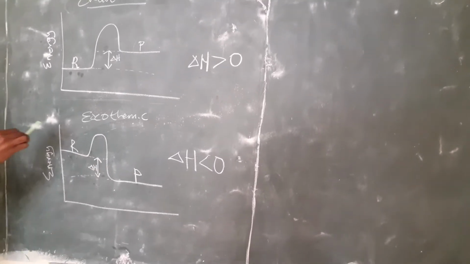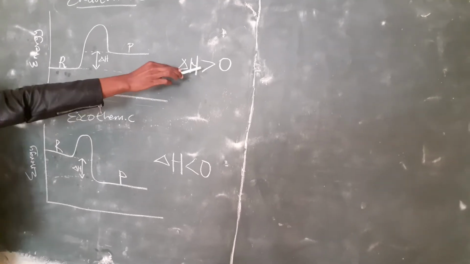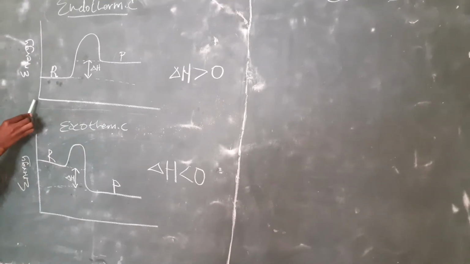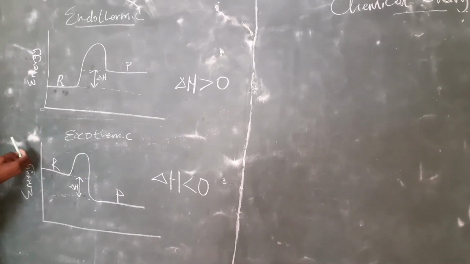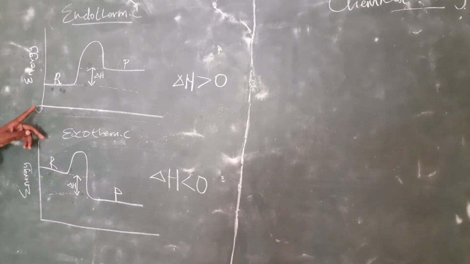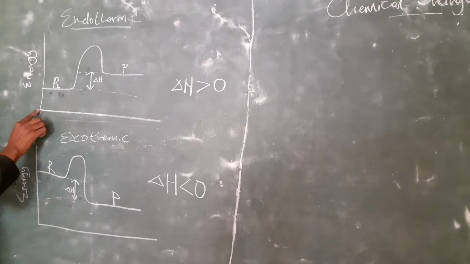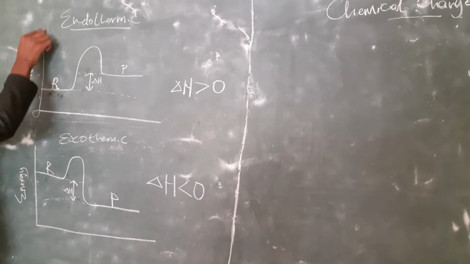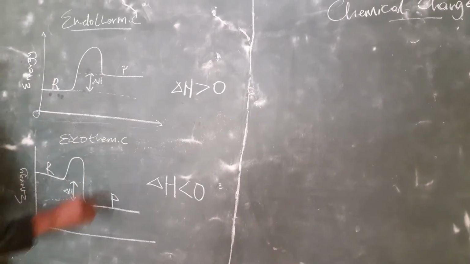So now let's understand this. Let's look at the heat. Let's say here we have 0 is to 0, right? As we count from here going up, we are increasing.